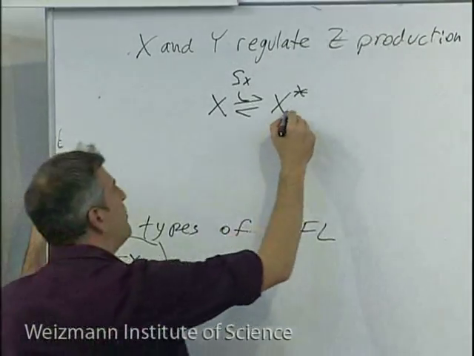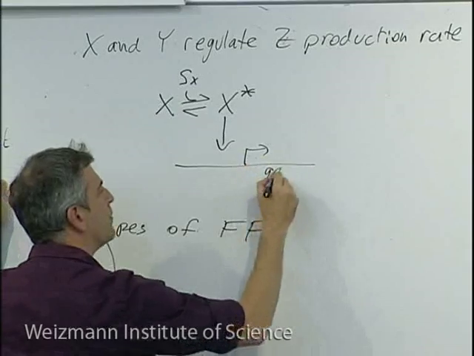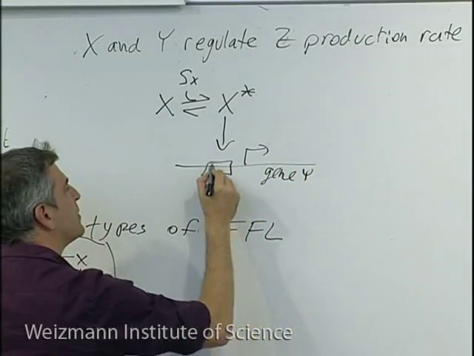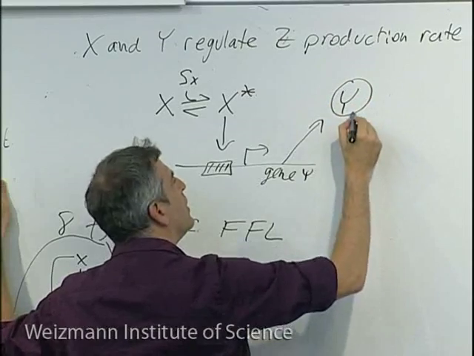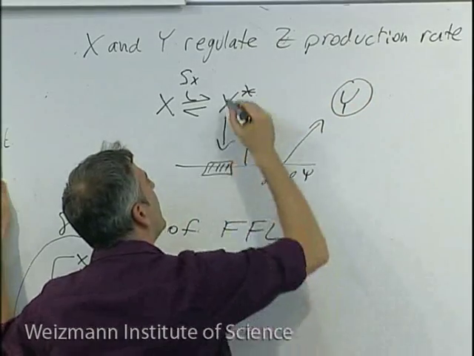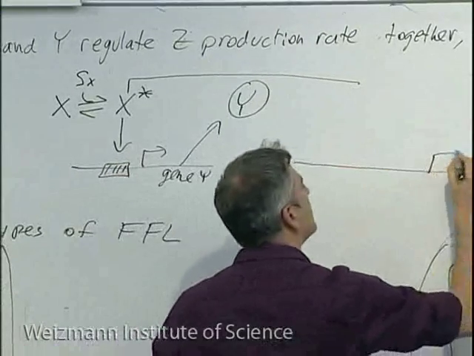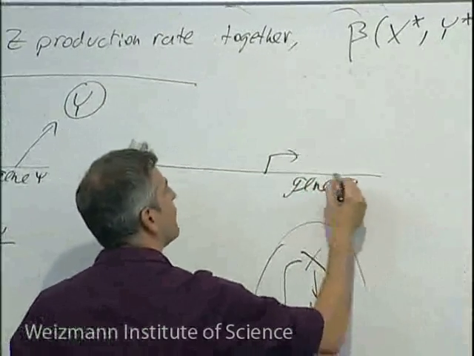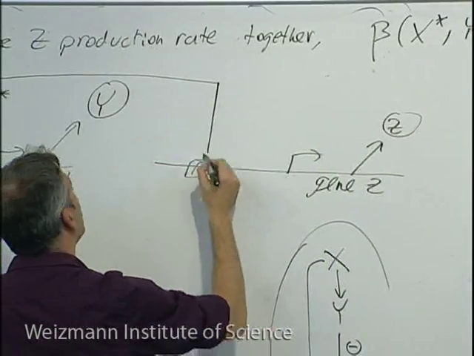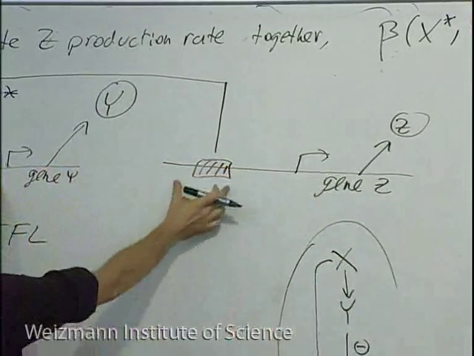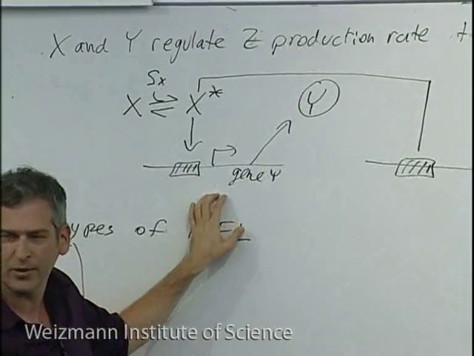Now X* binds this piece of DNA we call the promoter of gene Y at a specific site to change the production rate of Y. X* also binds our output gene in this site. It has some site here that's very similar to this site. The site is, of course, a sequence of letters that X* recognizes.